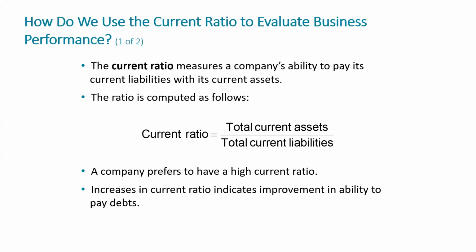A strong current ratio is 1.5, which indicates that the business has $1.50 in current assets for every $1 in current liabilities. A current ratio of 1.00 is considered low and somewhat risky.